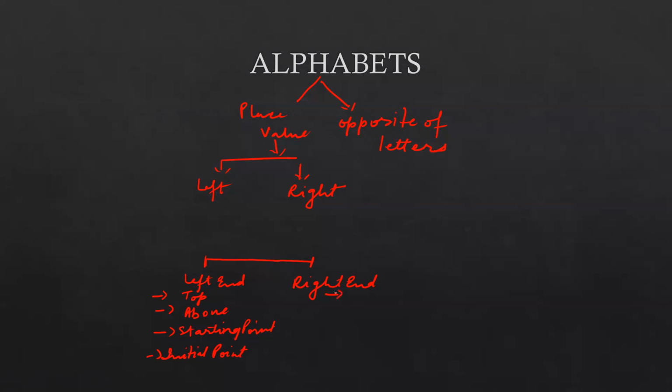Here left is called top, so it will be called bottom. Left is called above, so it will be below. It is called starting point, so it will be the ending point. And left is called initial point, so the right end will be called what? Final.